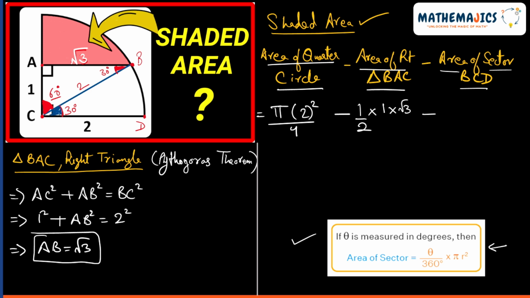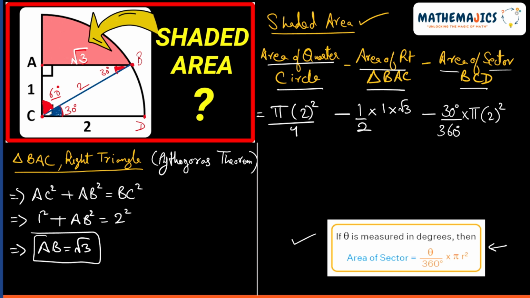This is the angle that the sector BCD is making at the center. So it will be theta equals to 30 degree upon 360 degree, correct, into pi r square. Pi, and what is the radius of this sector? The radius of this sector is same as that of quarter circle, that is 2, correct.